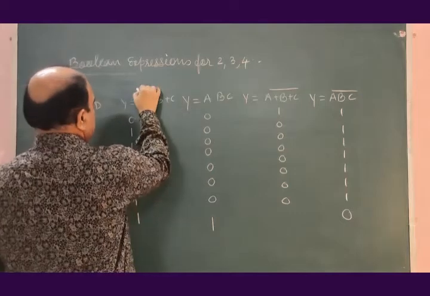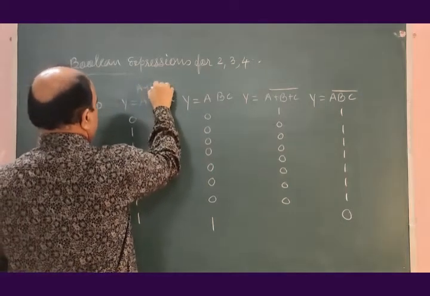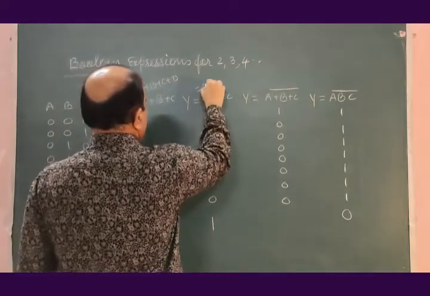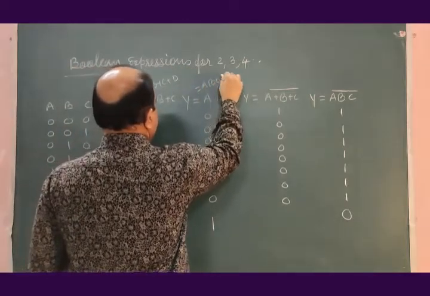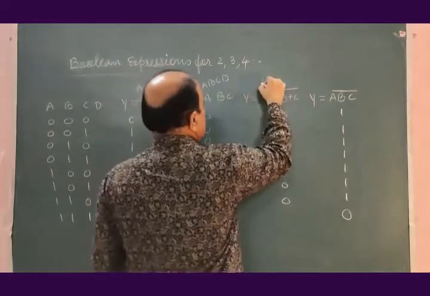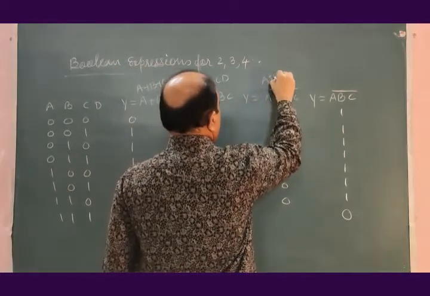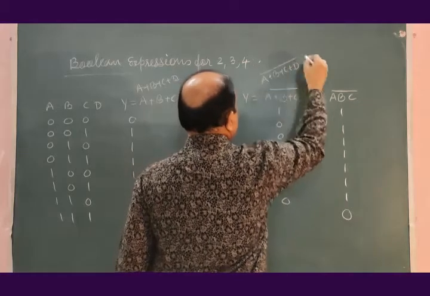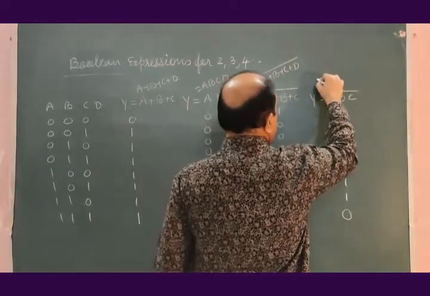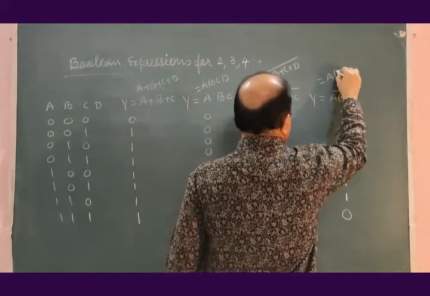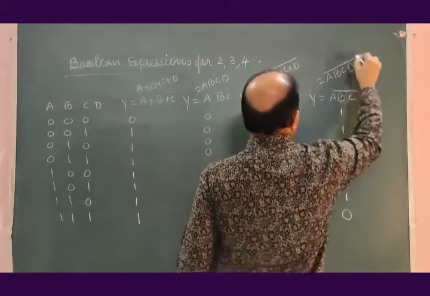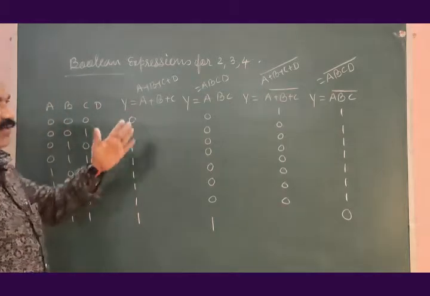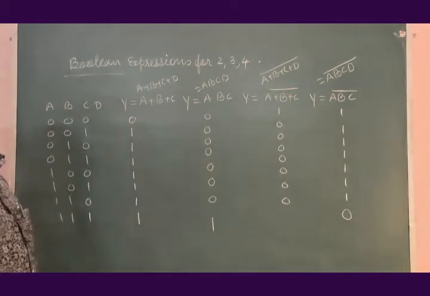It will be A or B or C or D. It will be A and B and C and D. It will be A nor B nor C nor D. It will be A NAND B NAND C NAND D. And you can have the corresponding outputs.